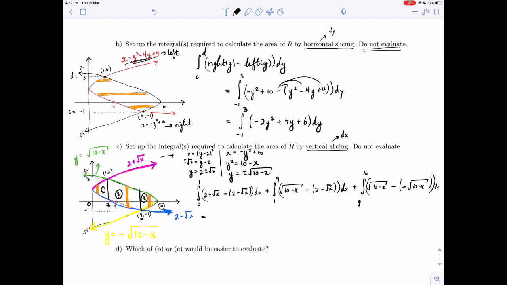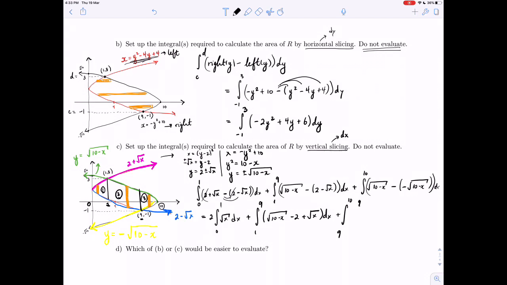So again, if you were told just to set up, not to simplify, you could leave it like this, but let's clean this up a little bit here. So these 2's, if I multiply through the negative sign, the 2's are going to cancel, and I'm going to get minus minus, so I'm going to add the two roots. I'll get 2 times the integral from 0 to 1 of root x dx, plus in here, there's not a lot to clean up in the second integral, the integral from 1 to 9 of the root of 10 minus x minus 2 plus root x, and then lastly, the integral from 9 to 10.